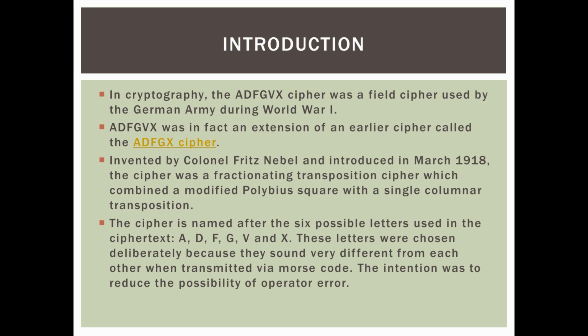But they finally lost the war, so that is a different thing, but they were actually making use of this cipher for securely communicating between each other in World War I.